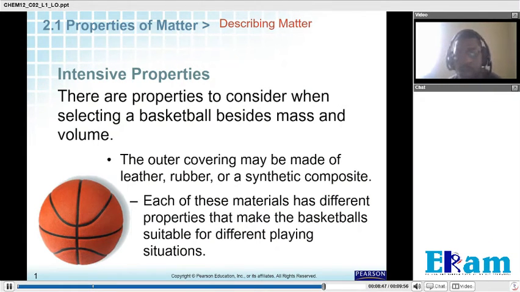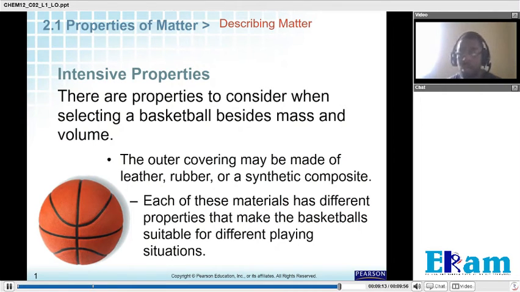In the next class, we're going to talk more about the physical properties of matter, because when you come to the intensive properties, that's when you go into the physical properties of matter. That's when you go into things like solubility, luster, density, boiling point, and melting point. All these are physical properties of matter.